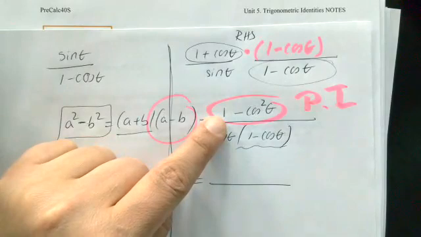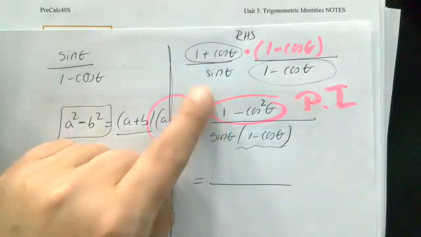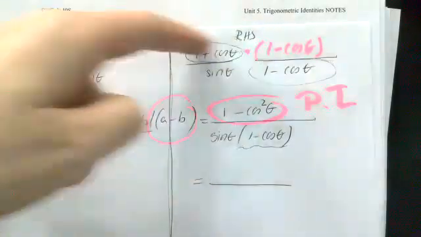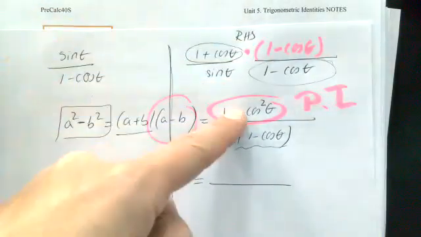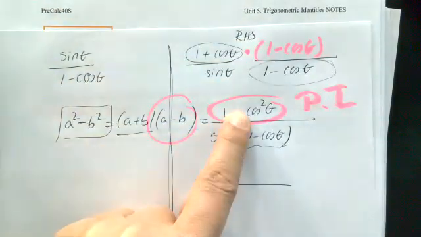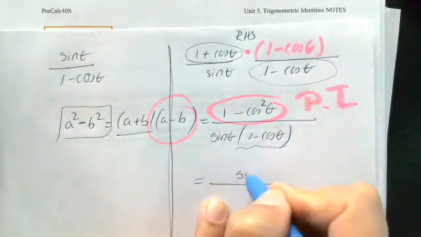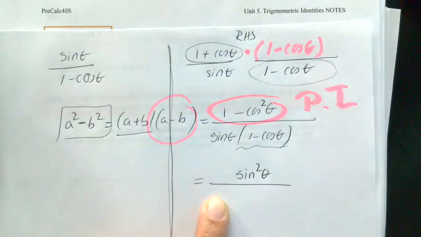Because I want to replace it with something else. No, not that one. I don't want to open it up to the difference of squares because I already went there. So this was the difference of squares factorization, and I went to the difference of squares. So what does 1 minus cos squared theta equal to? Sine squared theta. So I'm going to replace it with sine squared theta.